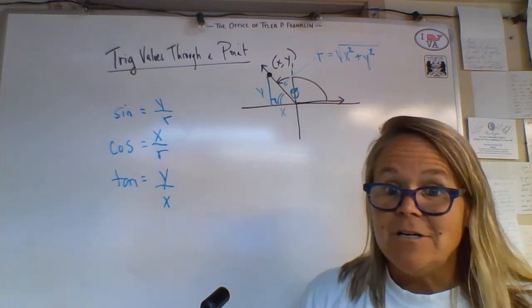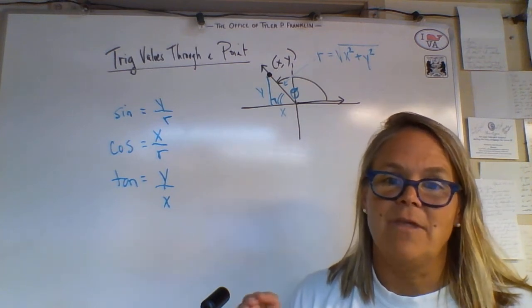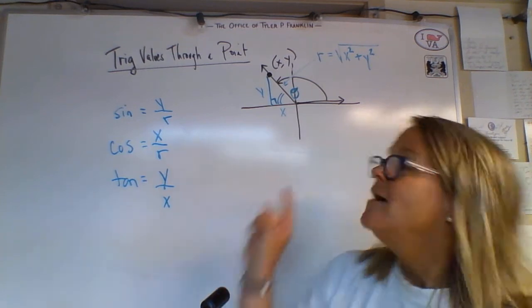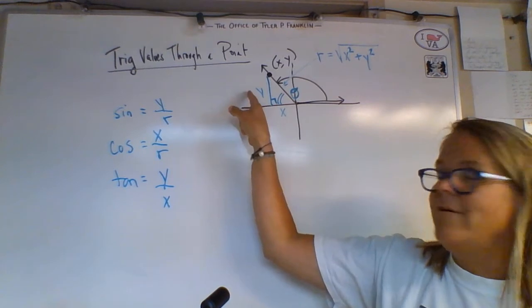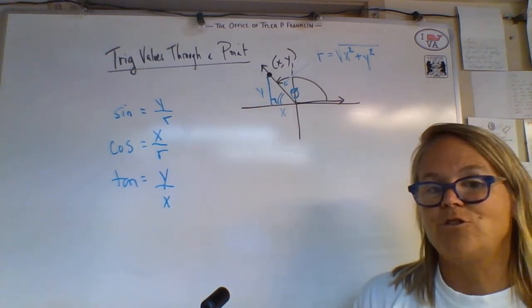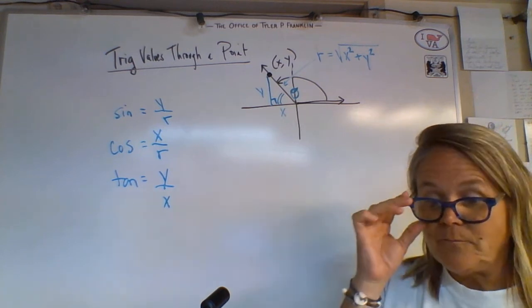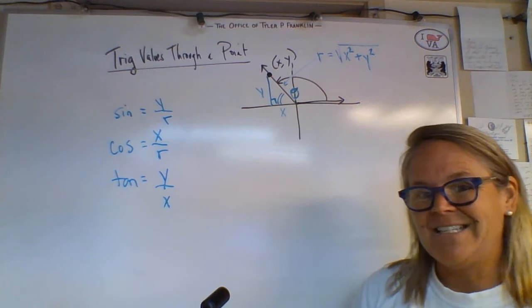Hypotenuse is never negative because it is the distance from the origin, and distance is always positive. Also, when you find the hypotenuse you square those, and squaring negatives makes them positive. So you do want to pay attention to the fact that the signs are different.